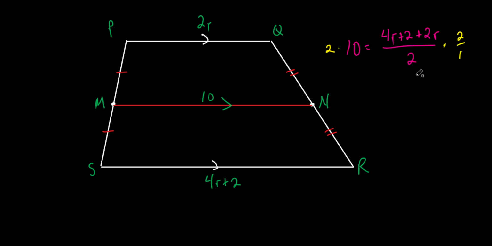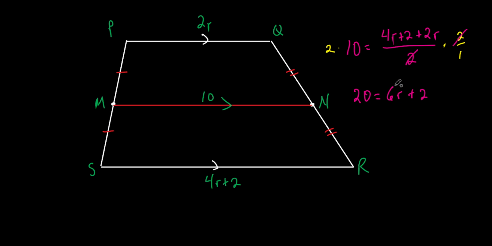So what happens then? These 2's cancel. What do I get here? 20. Let's add up my like terms right here. What like terms do I have? 4r plus 2r, which is 6r plus 2. Don't forget that plus 2. So in one step, I kind of did two things, didn't I? Got rid of the 2, and I added my like terms together.